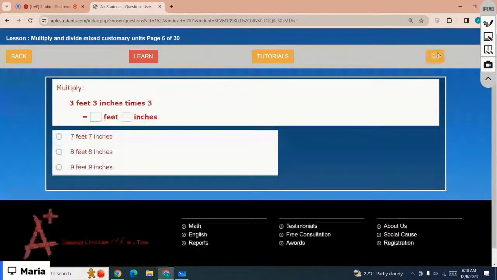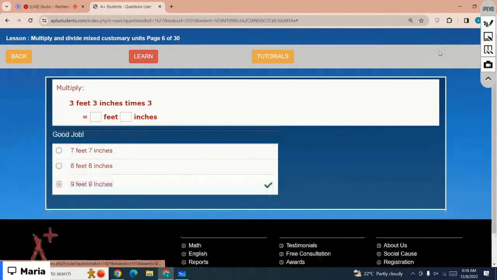3 feet, 3 inches times 3, which is the correct option? 3 feet, 3 inches times 3 is 9 feet, 9 inches, right?